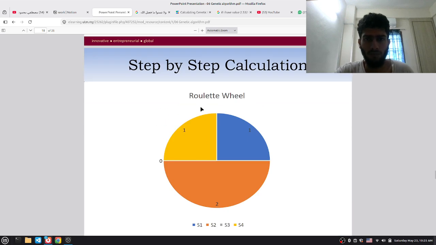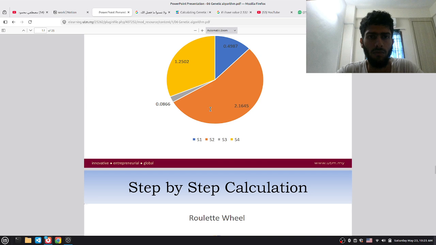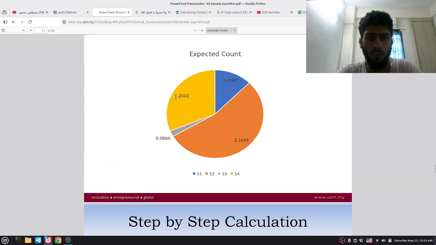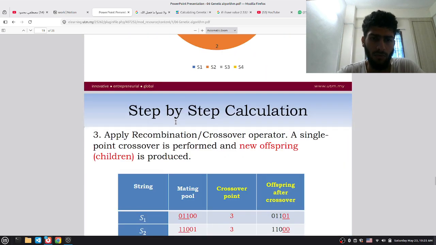How do we get the roulette wheel? To get the roulette wheel, we round this to the closest number. So 1.2 is actually 1, 0.45 is actually close to 1, 2.1 is going to be 2, and 0.0 is very close to 0, so it's going to be 0 in this place.